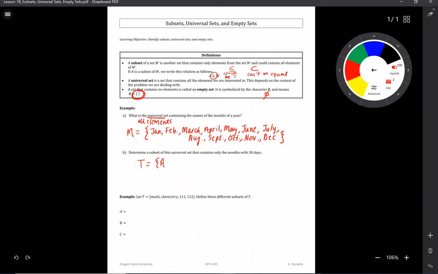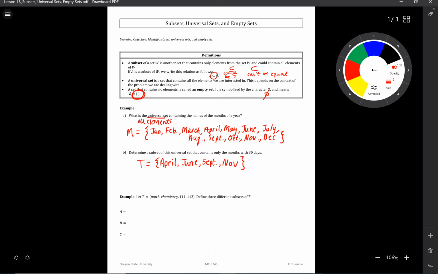April, June, August, nope, that's not right, is it? September, sorry. June, September, and November. So these are the months that contain only 30 days.